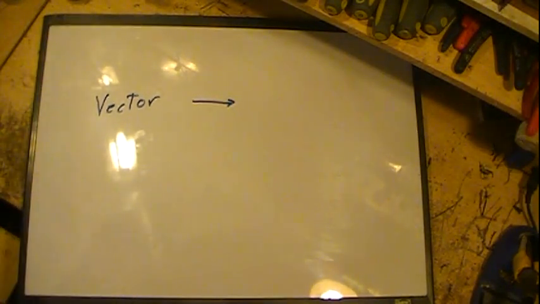Now what does it mean? Well, let's use a simple example. If you're, say, driving your car down a road somewhere, matters not where, and if I start asking about information about you driving that car, one thing I can ask you is your speed.